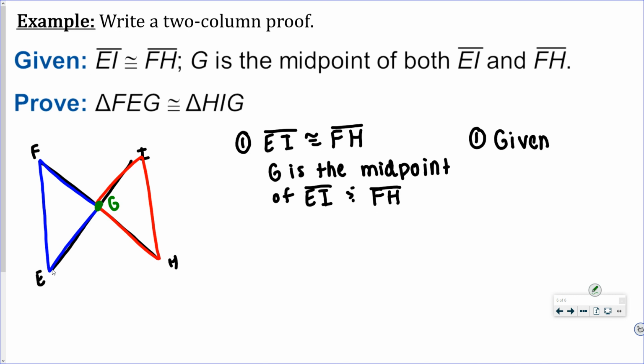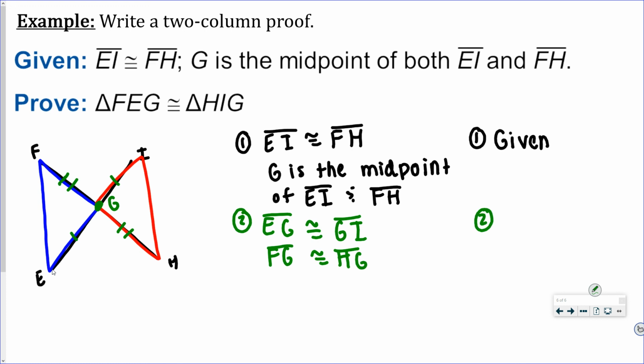So if it's the midpoint of EI, it would split EI in half. So we would know that EG is congruent to GI. And it's also a midpoint of FH, so it's going to split that segment in half as well. Okay, why do I know that? Just definition of midpoint. Nice. Definition of a midpoint.